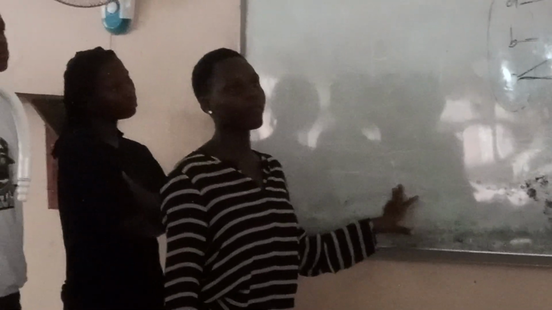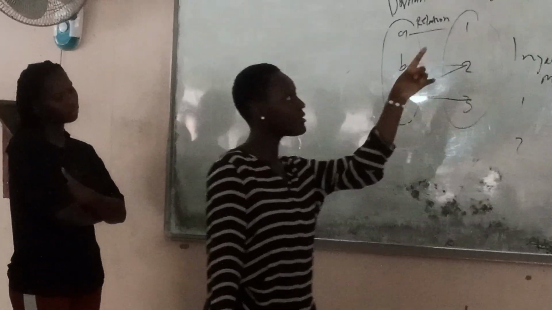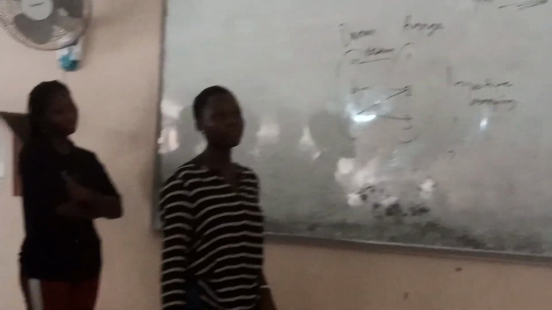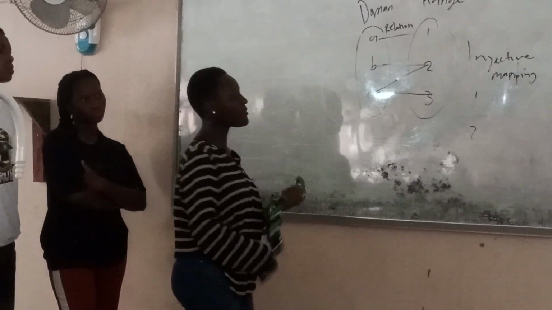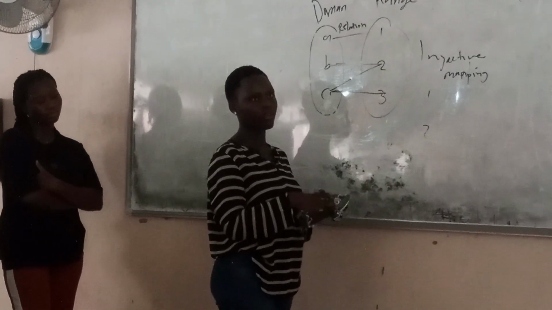So assume the value of x. Maybe if you assume that x is 1... What if x is 0? So you assume that x is maybe from -1 to 1.